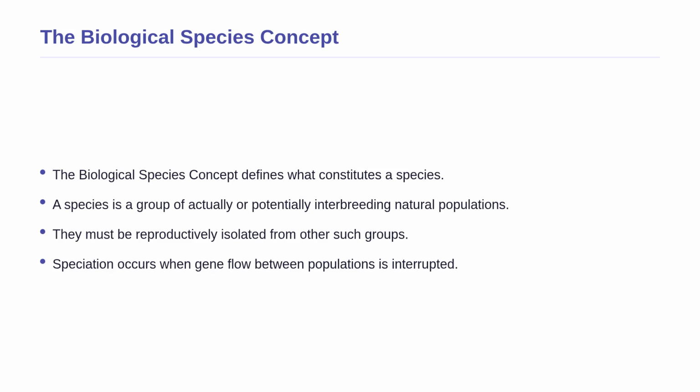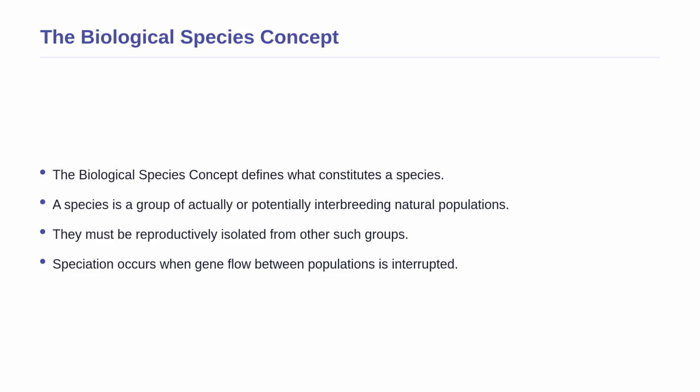Now that we know what speciation is, we must ask, what exactly is a species? According to the biological species concept, a species is a group of actually or potentially interbreeding natural populations that are reproductively isolated from other such groups.